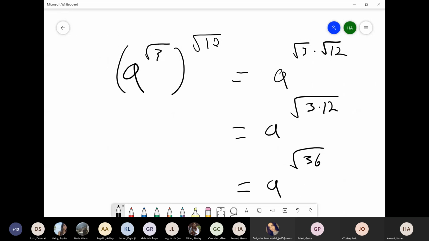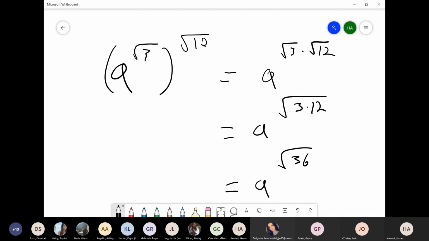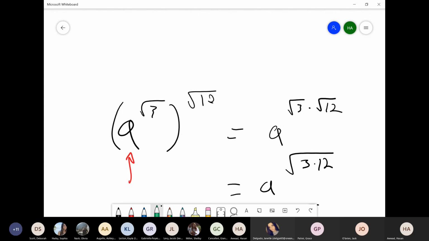Again, the first step is purely your exponent rules. If you have any base raised to an exponent raised to a second exponent, you just multiply the exponents together, and you keep the base the same. So our base was a, and it was raised to 1 exponent and then a second exponent.